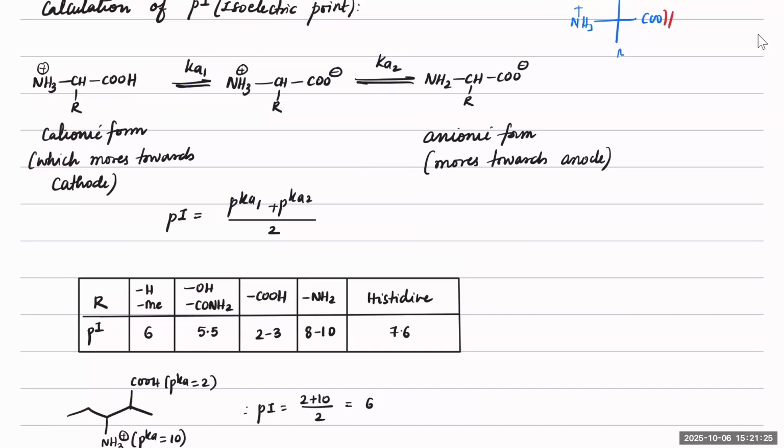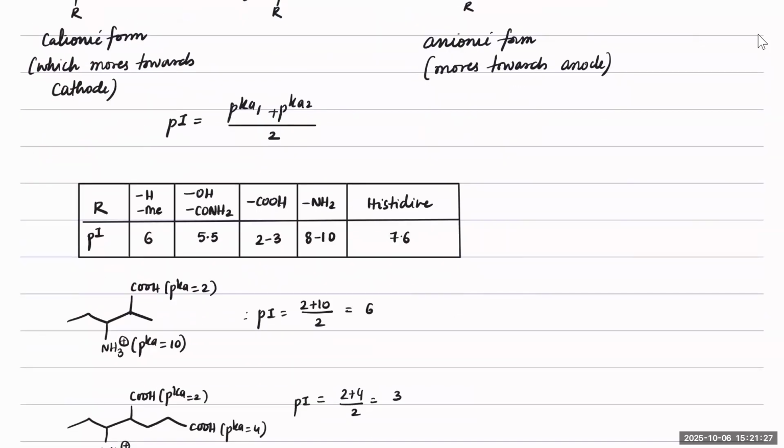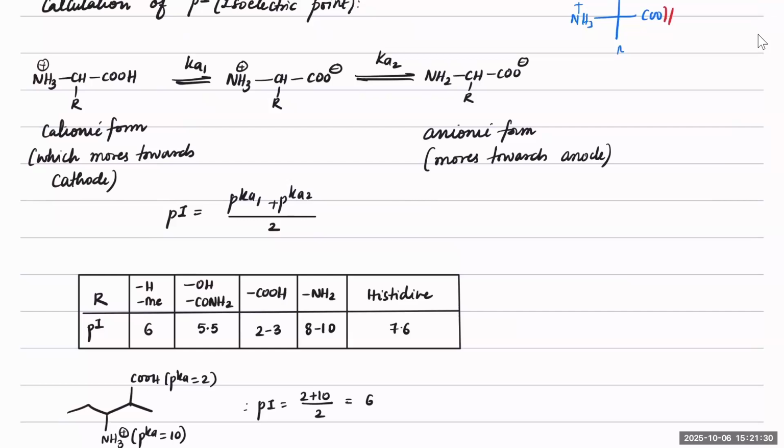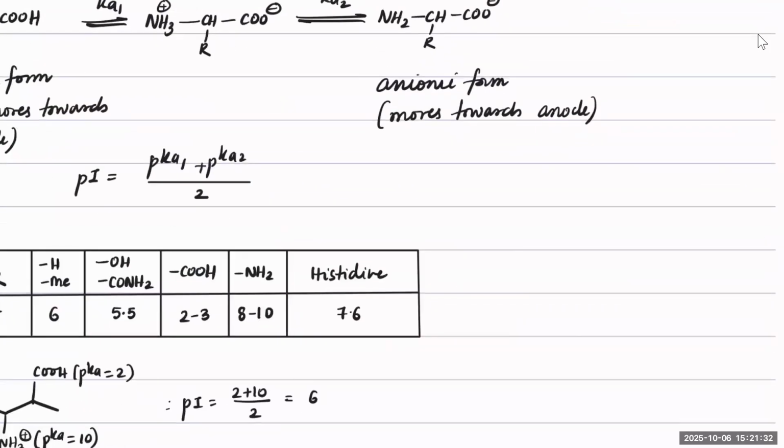Now, how do you need to understand that? Check it out. For example, if I take a generic amino acid, I have NH2 here, COOH here, H here, and R here.